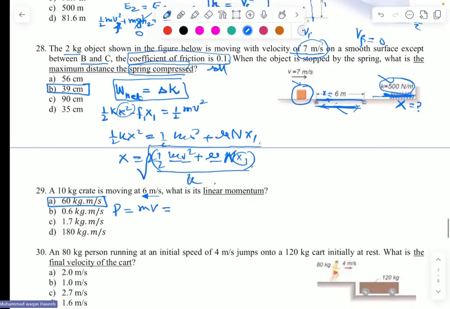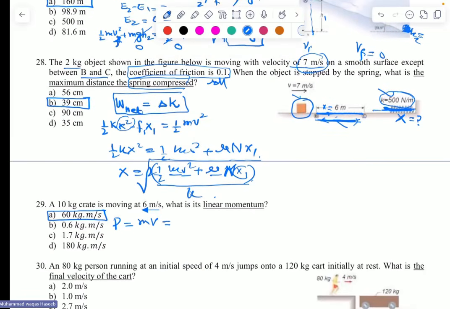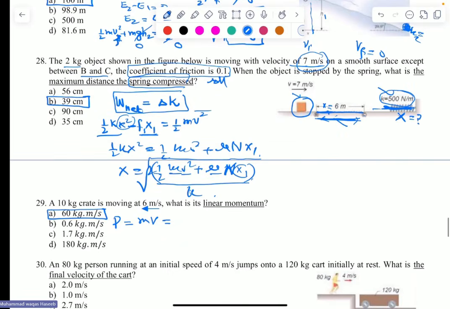For the whole situation, the energy stored in the spring is the elastic potential energy, which is the work done by this object on this spring. This is the work done due to friction, which is always negative. And then the change in kinetic energy is just 1/2 m v squared. So we want to know what this x is. We just calculated that x, which is 39 centimeters.